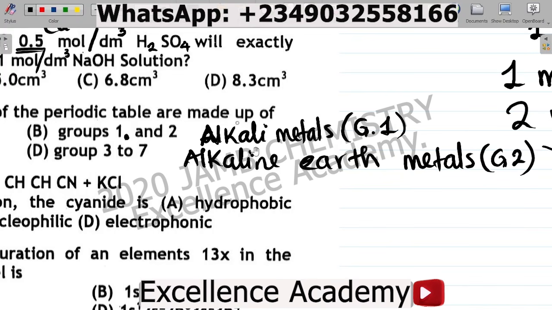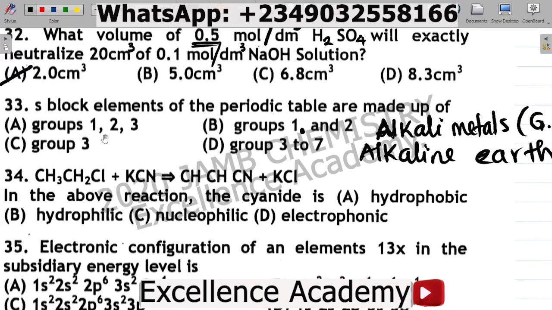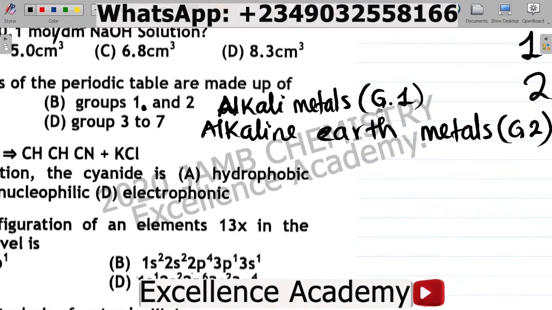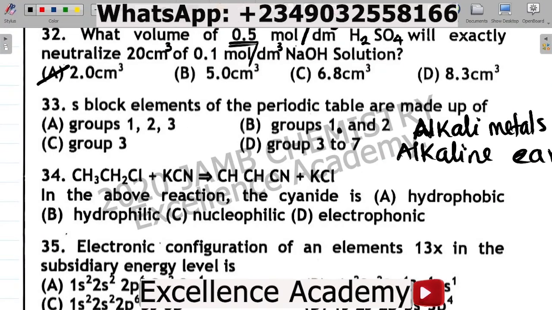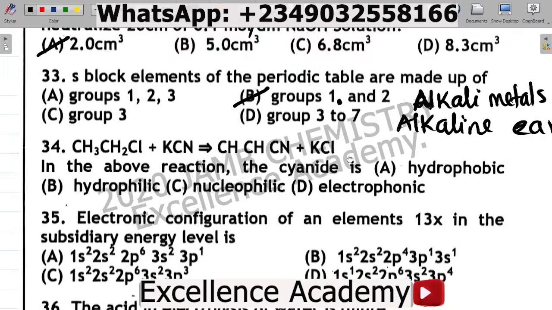All right. So these two sets of elements make up the S block elements. Okay. So the answer is group 1 and group 2, which is option B here. Group 1 and 2. That's the correct answer. So note that the alkaline metals of group 1 and the alkaline earth metals of group 2 form the S block elements of the periodic table.